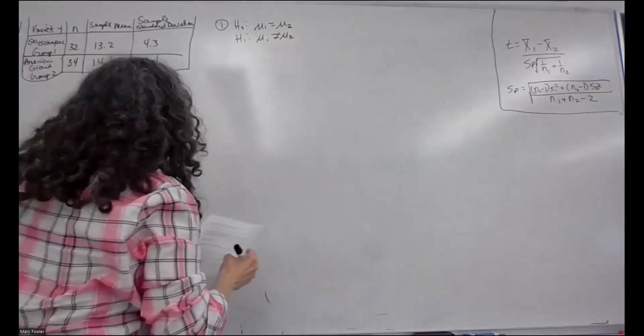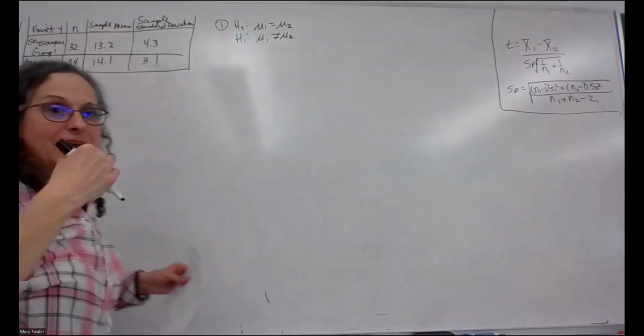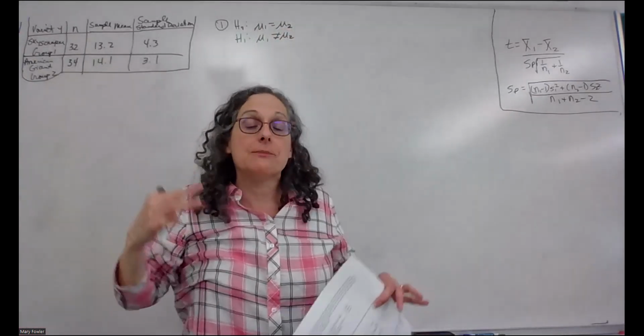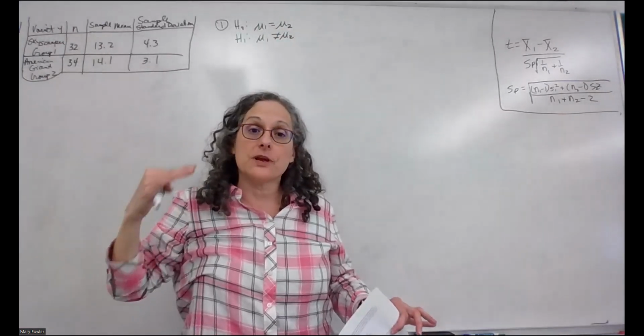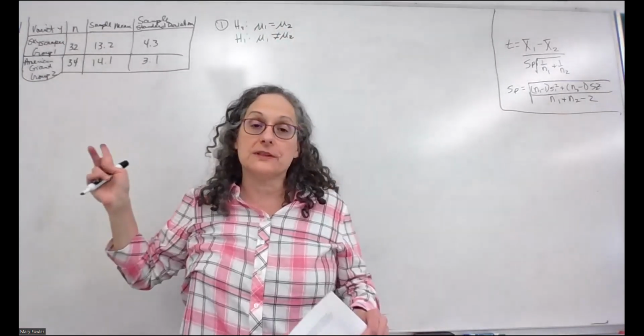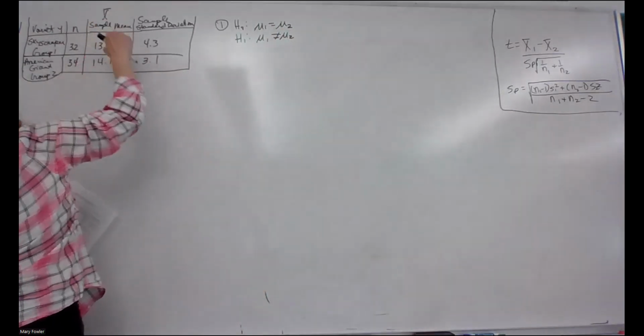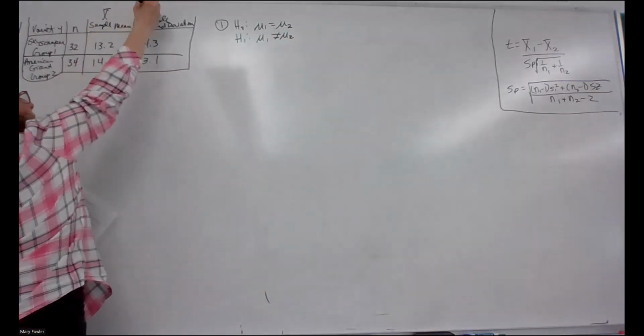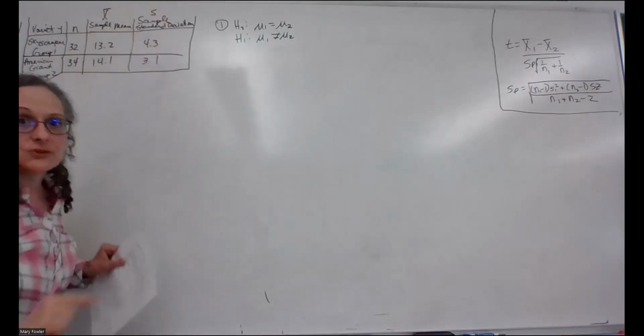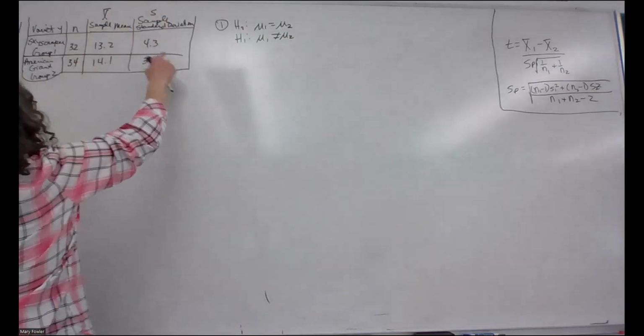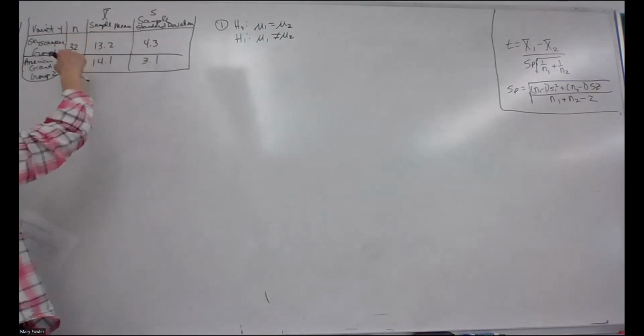Okay. So normally we pull out the important numbers in the problem and we identify them, but most of them are in the table. This is the X bar, that would be X bar 1 and X bar 2. This is S, that would be S1 and S2, and this is the N, N1 and N2.